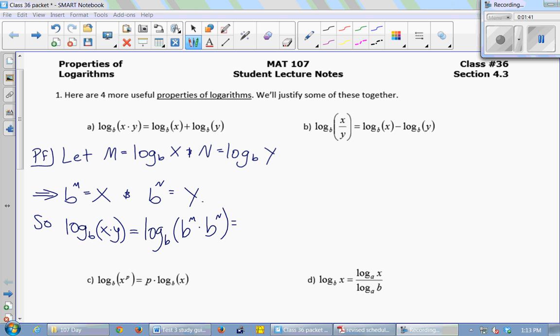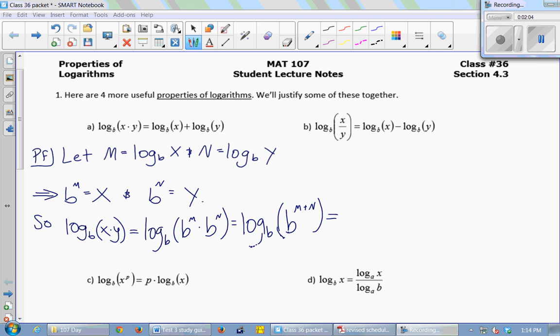Now, what is the rule when you are multiplying like bases? b to the m times b to the n, what would that equal? m plus n, b to the m plus n. So this is log base b of b to the m plus n.